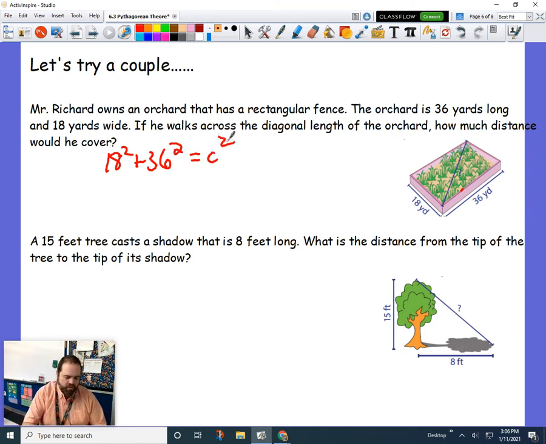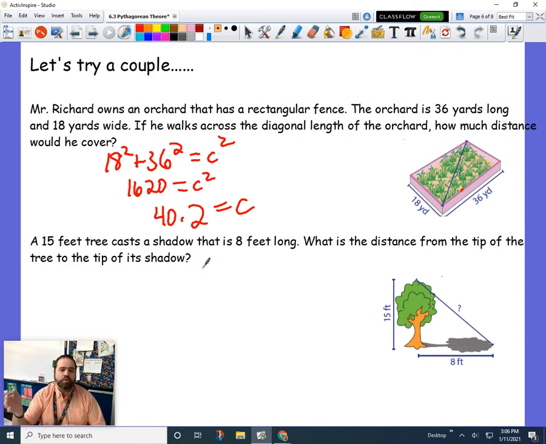Hopefully by this point you're okay using those exponent keys on your calculator. This is 1,620 for my hypotenuse squared. So when I square root that, it is 40.2 yards. Again with the units, I'm not a real stickler on the units. It's yards in the problem, so your answer is going to be yards.